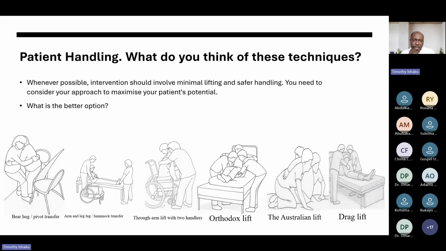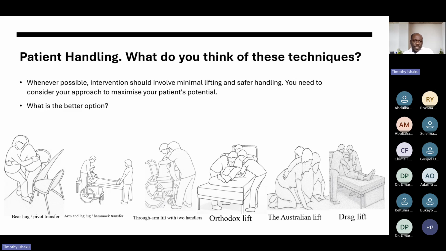If we don't have equipment, of course, I know most places we use slide bed sheets, but think of bridging. Bridging, for those that are not physiotherapists, is basically where the patient is lying supine, meaning lying on their back, bending their knees, and then you ask them to push through, and you support them to come up where possible.